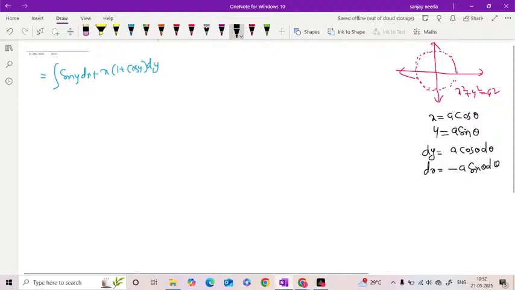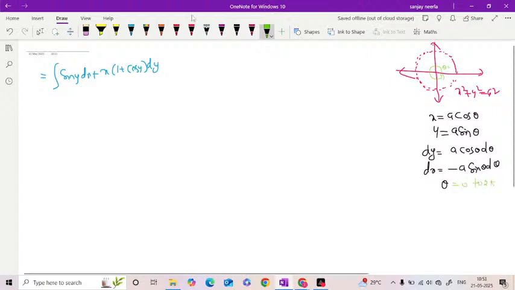That means the total problem we can easily convert in terms of theta. And what are the theta limits? It is the total circle, so you have to take the theta value as total, 0 to 2 pi.